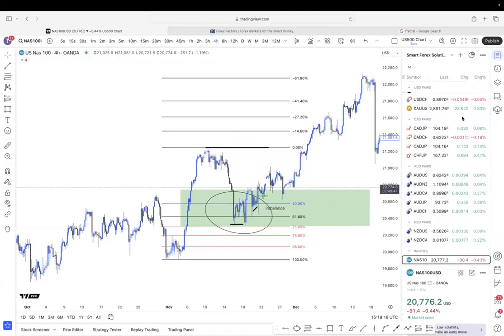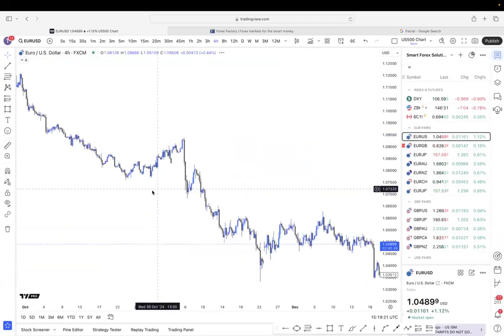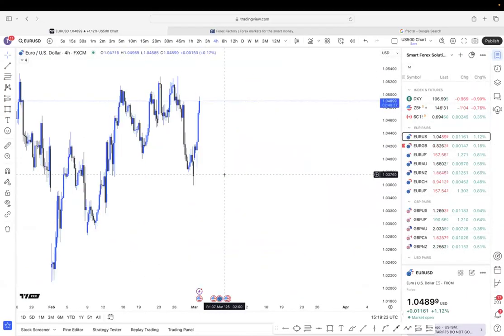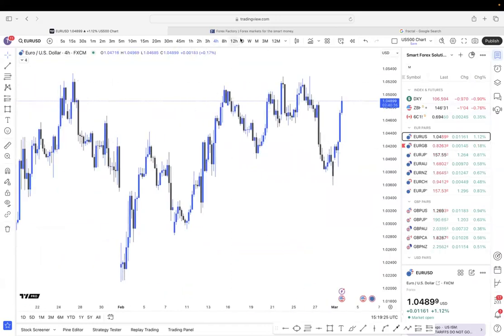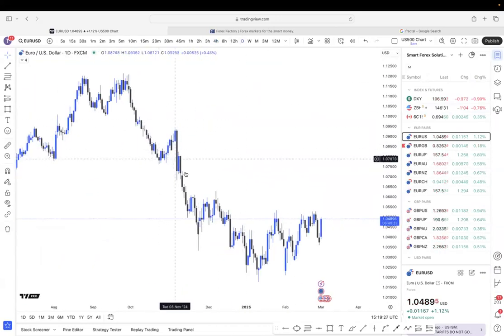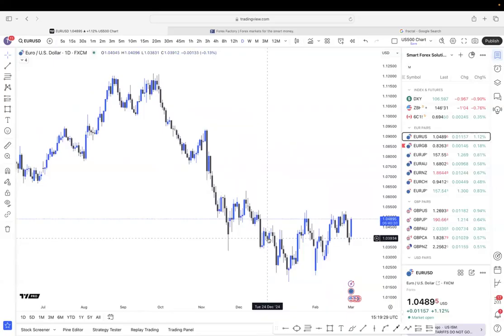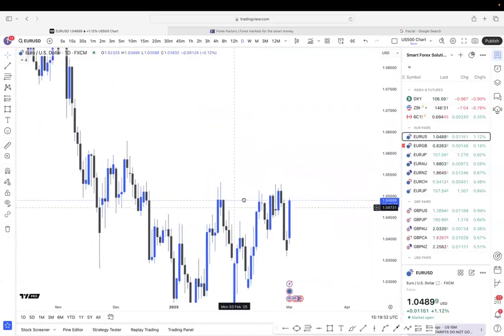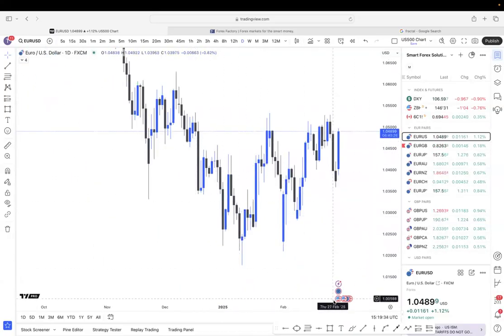If you look at any type of price action on a random pair, if we go back to Euro now, for example, what we're currently doing as we speak, we've been very bearish the last couple of weeks. And we can see and identify in this area right here, price action came lower.